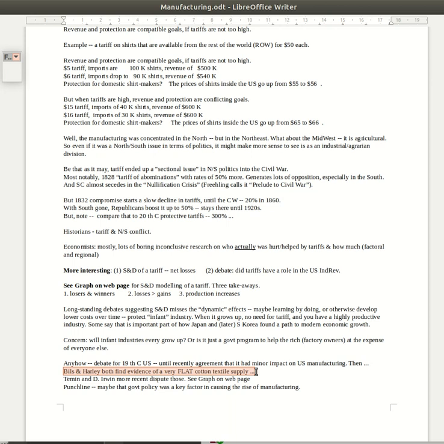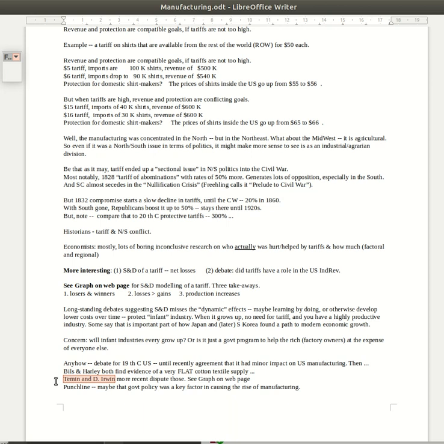Indeed, they say without the early tariff production through to the 1840s or so, there would not have been a cotton textile sector, and that was one of the early major industries in the American Industrial Revolution. On the other hand, we've got Temin and Doug Irwin, no relation to Jim Irwin.